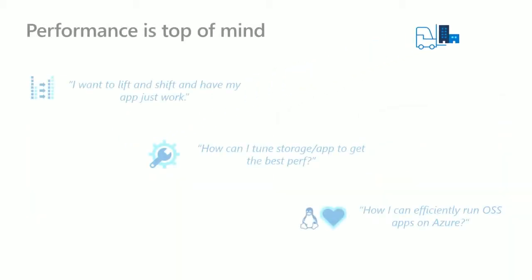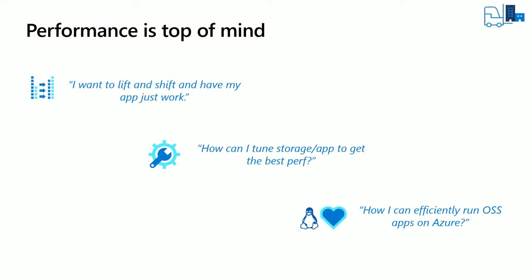And so with lift and shift, some common questions that we get are, how do I lift and shift the application and make it work as is? How do I not have to rewrite a bunch of things just to get started with my applications? Next is, how do I actually get the right workload performance by potentially making small tweaks either in the platform or the application and actually getting the best performance either equal to or better than what I see on premises?